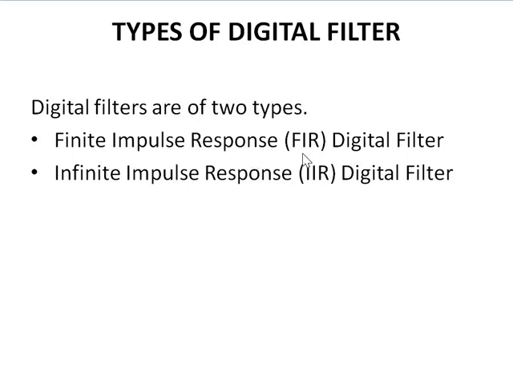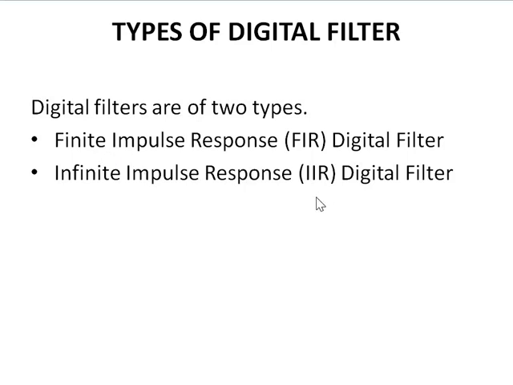Finite impulse response means this type of system has a finite duration of the impulse response. That means h of n, the n range is finite duration, like 0 to N minus 1, like that.